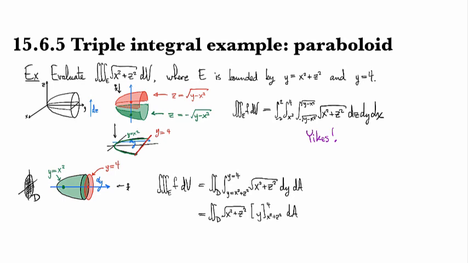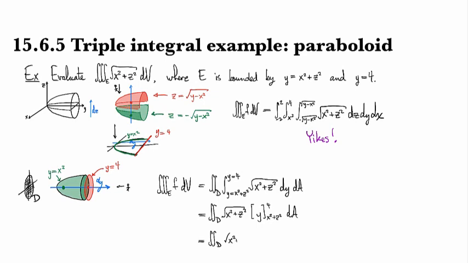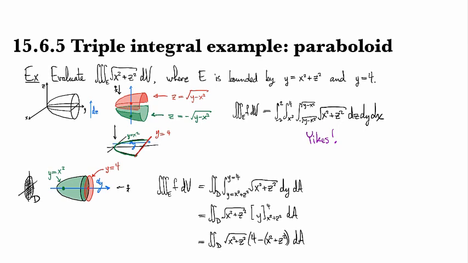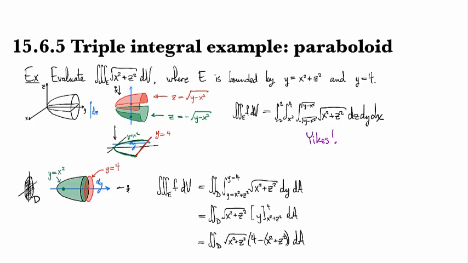And then this is going to be the double integral over the disk of the square root of x squared plus z squared, times 4 minus x squared plus z squared. And about at this point, you're thinking, gosh, that looks exactly like the kind of thing that I would like to use polar coordinates for, because that would make it so much simpler.